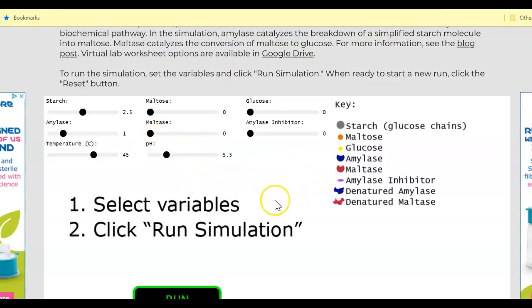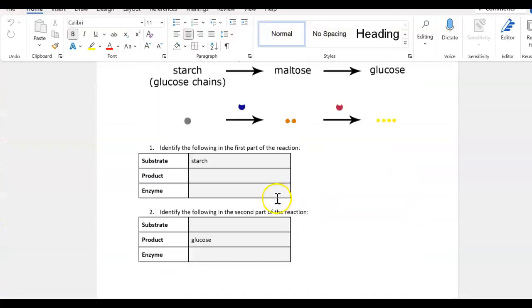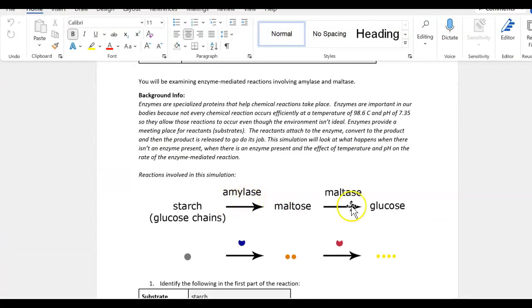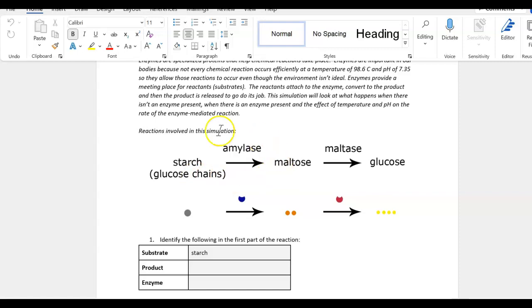Ultimately, your goal in the first part is to figure out what happens when you don't have an enzyme present. If amylase or maltase isn't present, how does that affect whether starch can become maltose, or whether maltose can become glucose? The second experiment looks at how this reaction is affected by temperature.